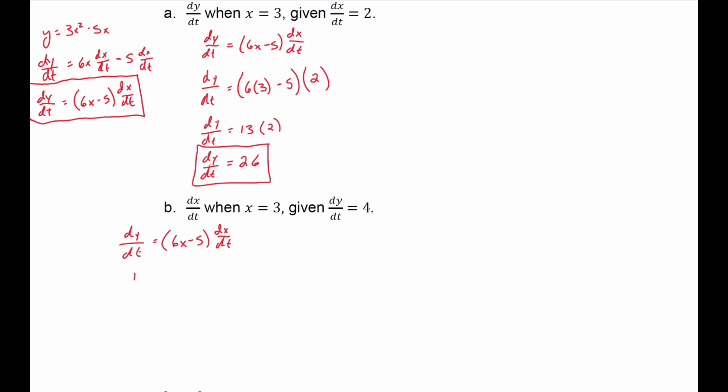So we sub in. dy/dt is 4, equals 6 times 3 minus 5, all of that times dx/dt, which in this case we don't know. So we have 4 equals 13 dx/dt. Dividing by 13 on both sides, dx/dt is equal to 4/13.